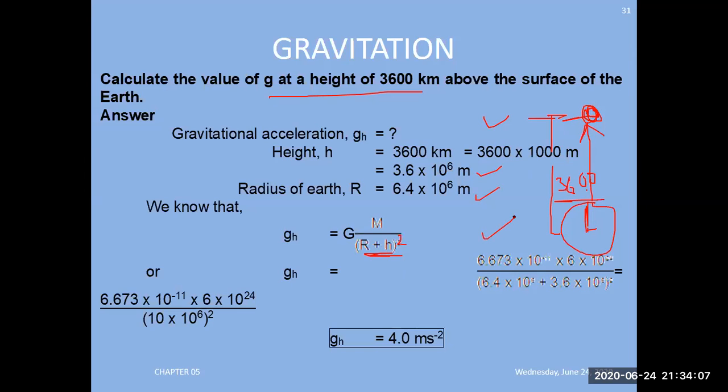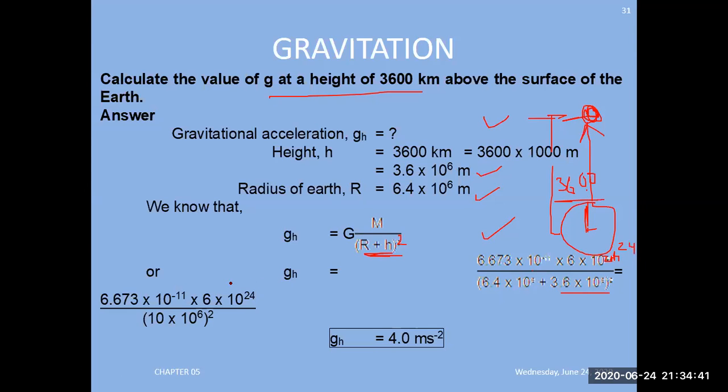All values are given. The radius of the Earth is given. The height above the surface of the Earth is given. You will put in all the values. This is the mass of the Earth, 6 multiplied by 10 raised to 24 kg.